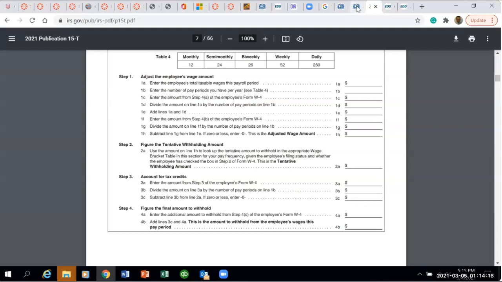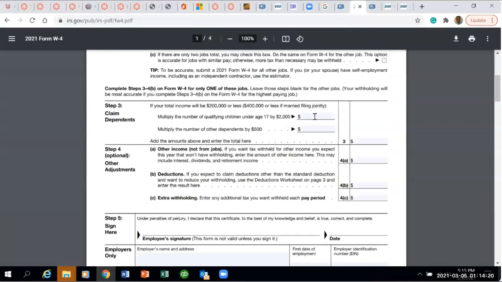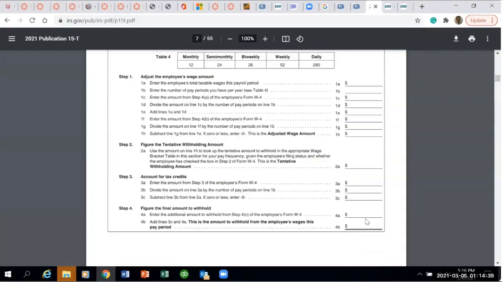So this $2,000 here will give you a saving, for a weekly payroll, of almost $38. And that $38 will reduce your tax of $88. Therefore, you end up just withholding roughly $49.54. Are we clear on this?